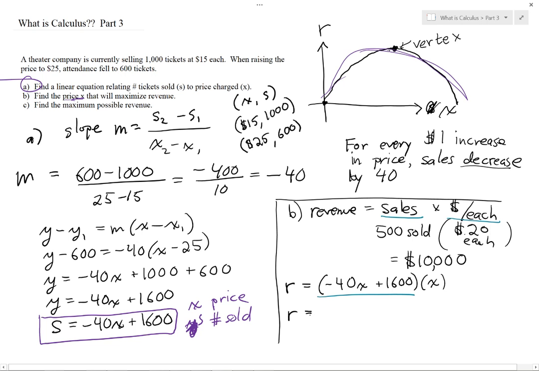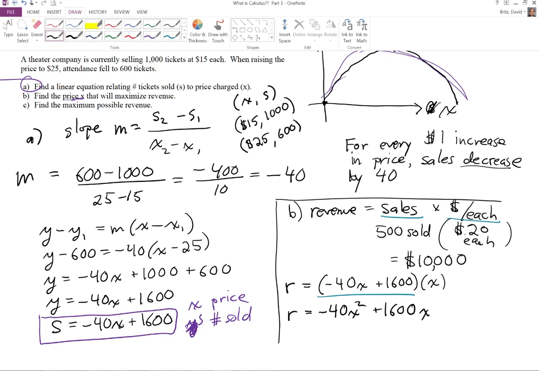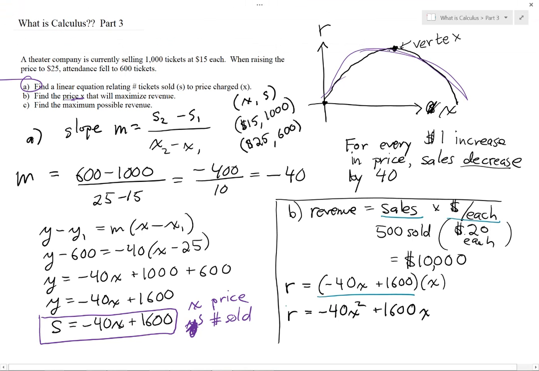So the revenue then is going to be negative 40x squared plus 1,600x. And that, oh no, it does not complete part B. That only gives us our revenue equation, but we're getting there. So this is the equation that's going to give us this parabola up here.